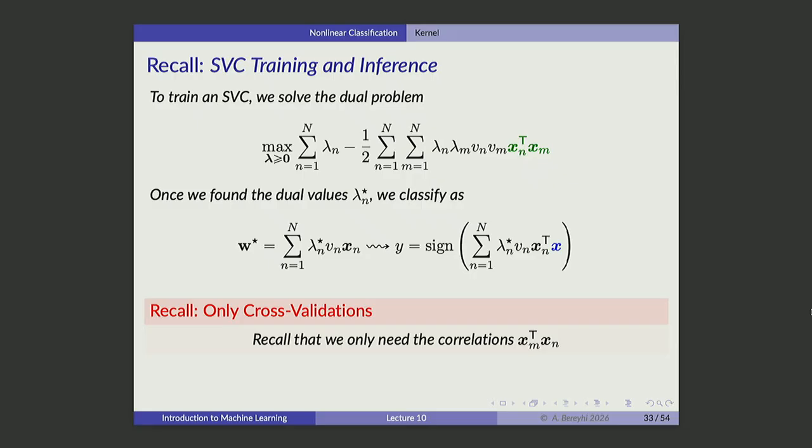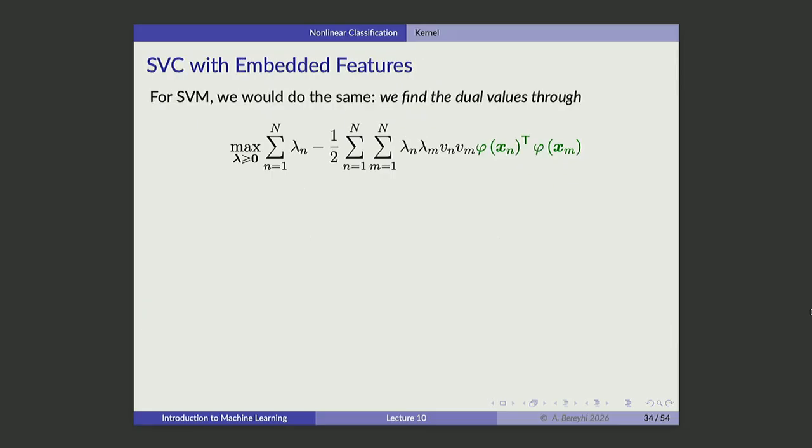Now, what if we are working with higher dimensional features? I am going to do the same thing, but this time, instead of my data points, I am going to have my higher dimensional features. This means that instead of x, I'm going to keep phi of x here and here. This is the optimization problem that I need to solve if I want to write down the SVC for the higher dimensional case.